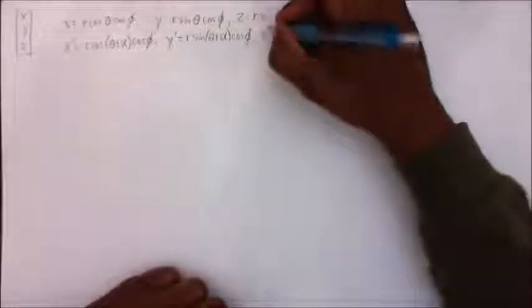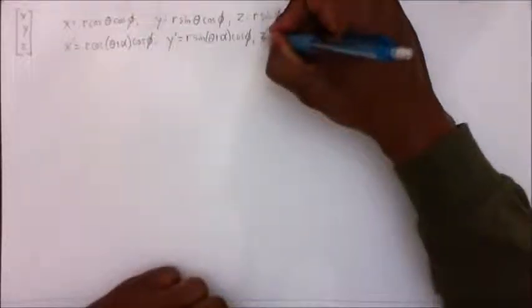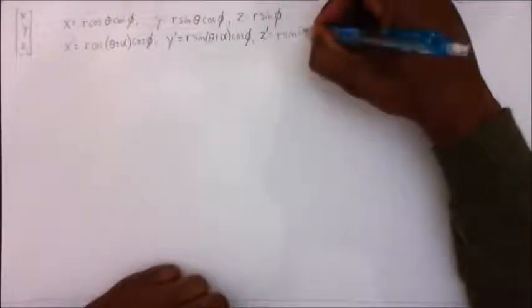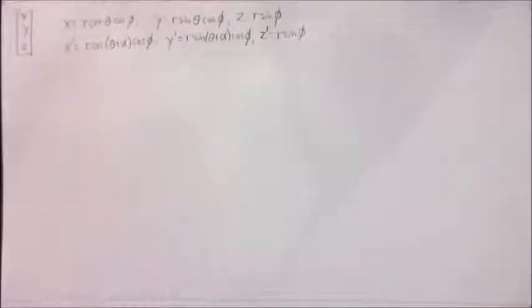So z prime, the new z, is just r sine phi. Okay, so now let's go ahead and work these out.